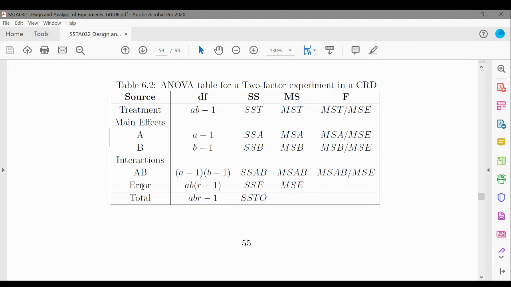We can never have an interaction like A, B, C.